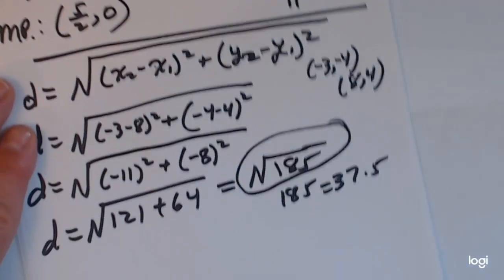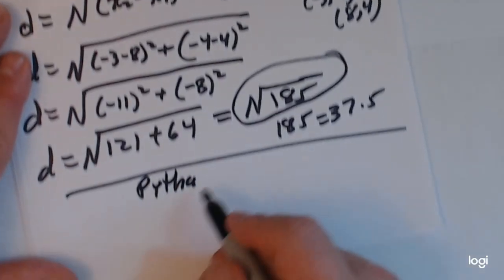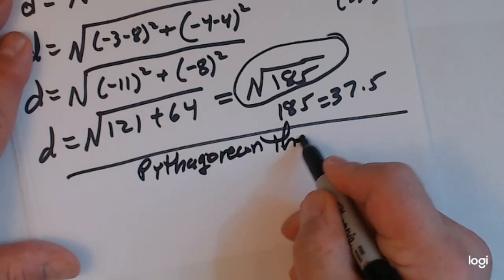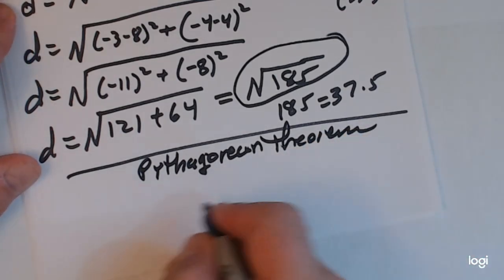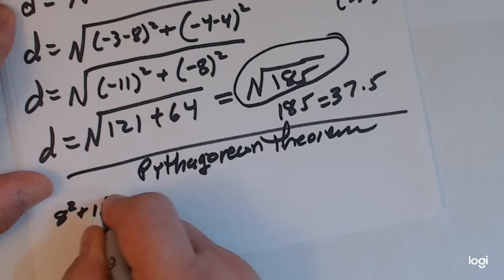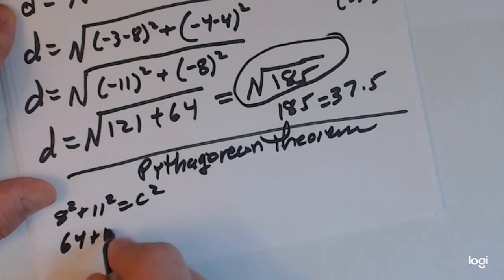So we come back down here using the Pythagorean Theorem, and we get 8 squared plus 11 squared equals c squared. So 64 plus 121 equals c squared.